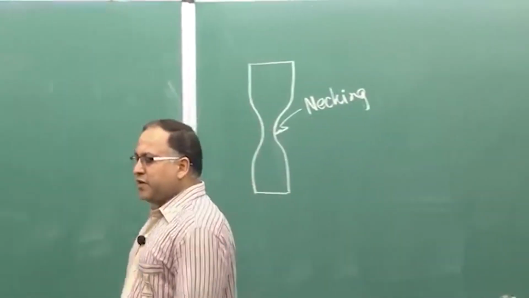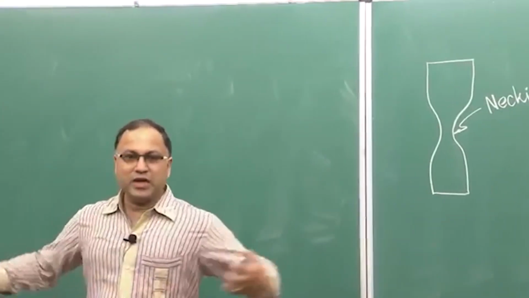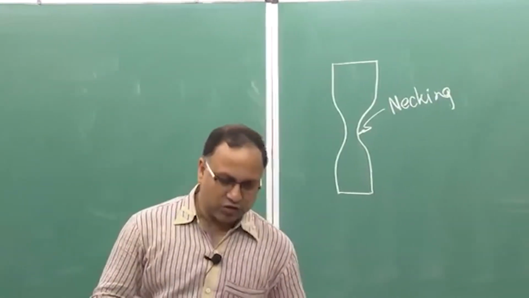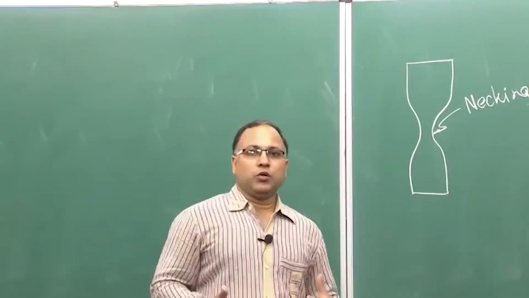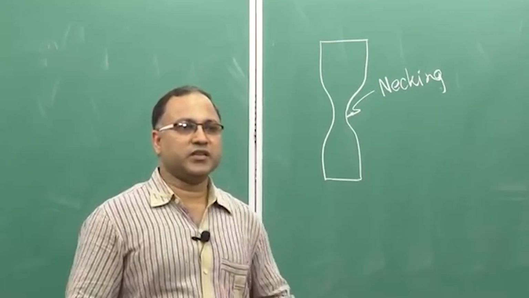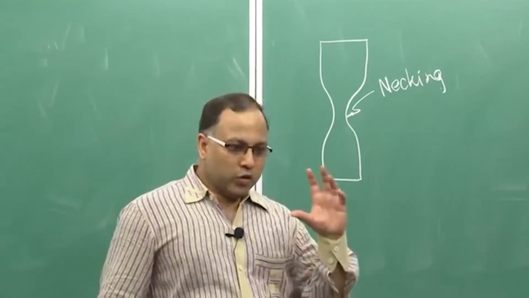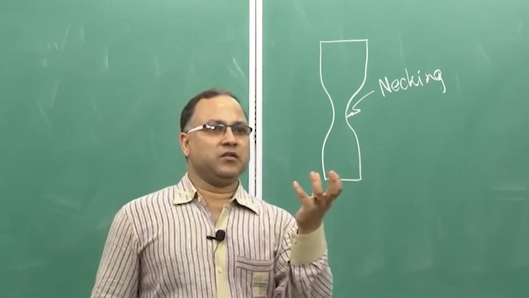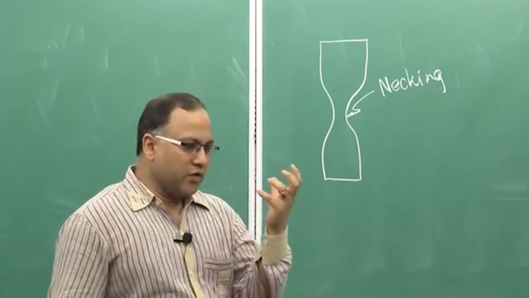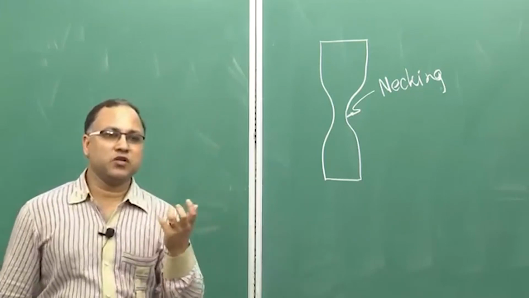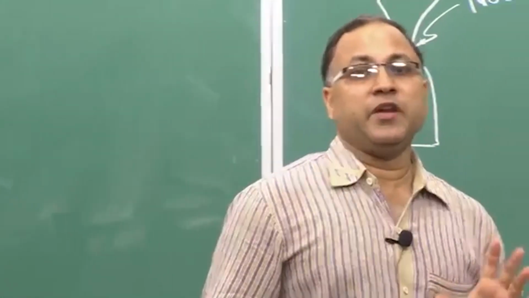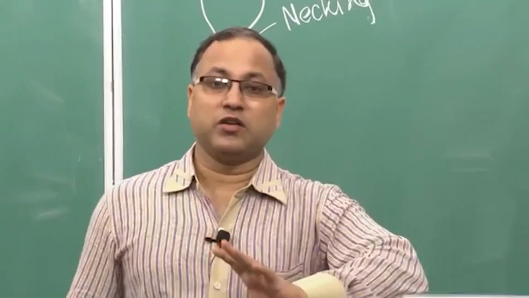So, what I mean to say is, when you are pulling or pushing something, considering tension or compression, in the process of application of load or stress, your cross sectional area will not remain the same. So, if you define the stress based on your original dimension, that may not be the true situation or the true stress.